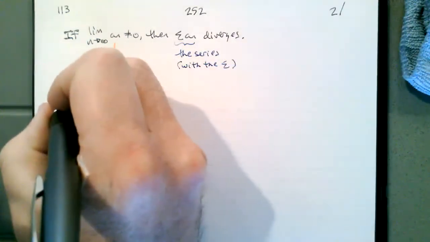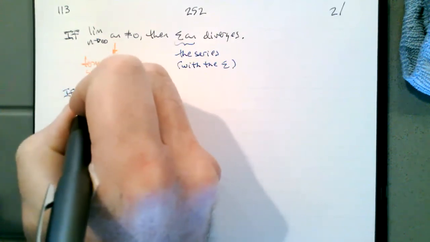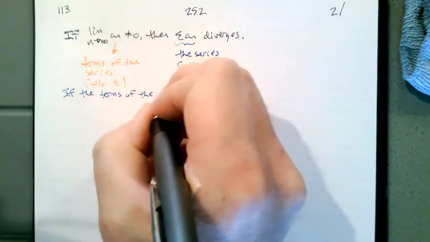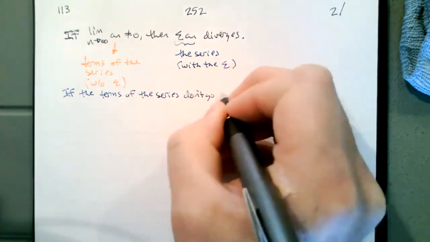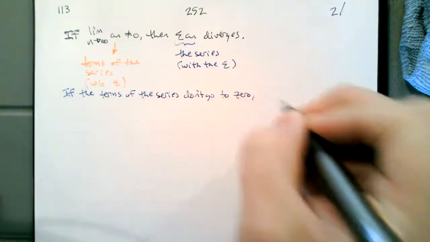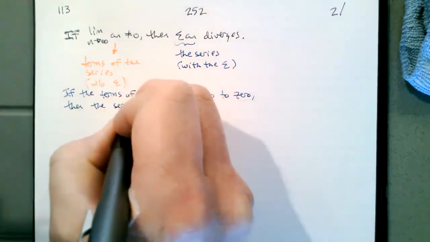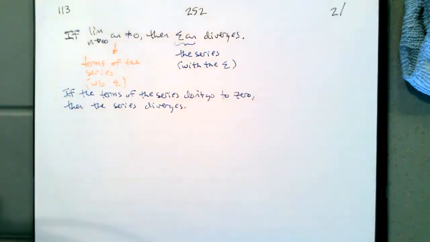But what we're saying is, if the terms of the series don't go to 0, then the series diverges. That's how we would say it in just regular old words without our abbreviations.